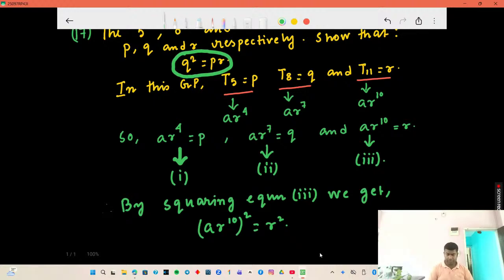Is it clear to you? So by squaring this equation we get A r to the power 10 whole square is equal to r square.